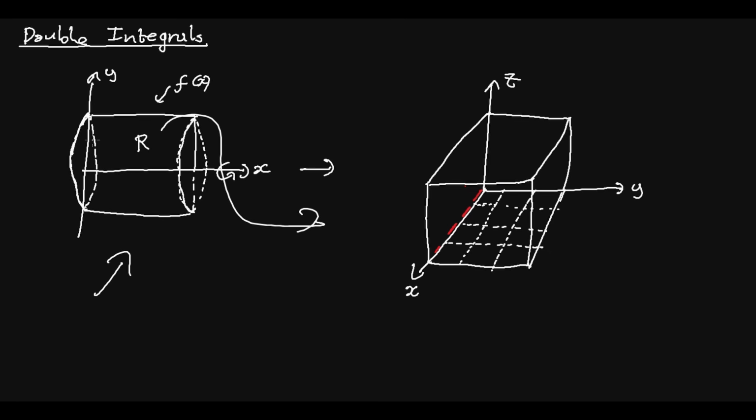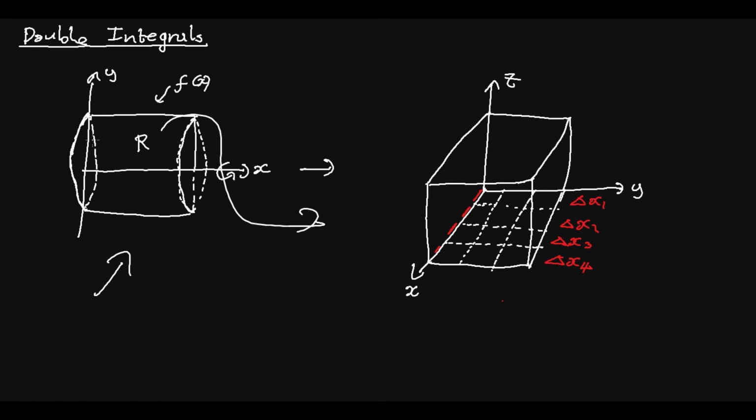So for instance, this could be delta x1, could be delta x2. I don't think there is enough space for this. Let me write it here. So this is delta x1, delta x2, delta x3, etc., say delta x4, right?